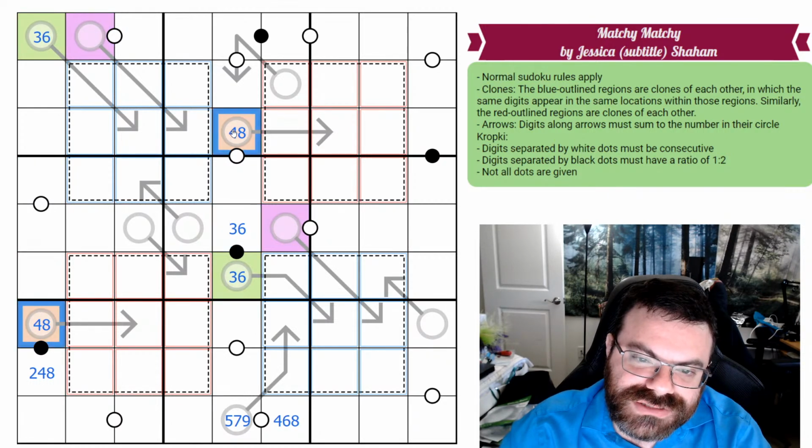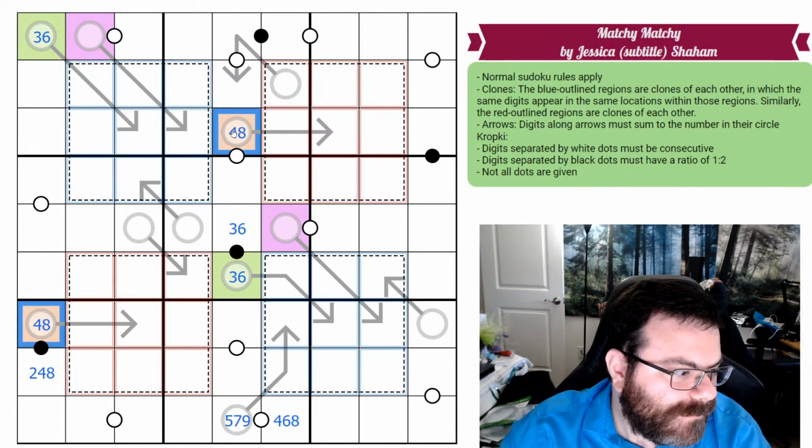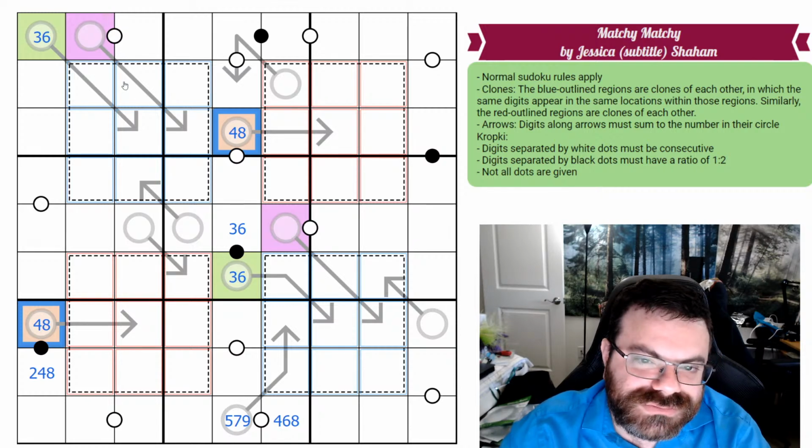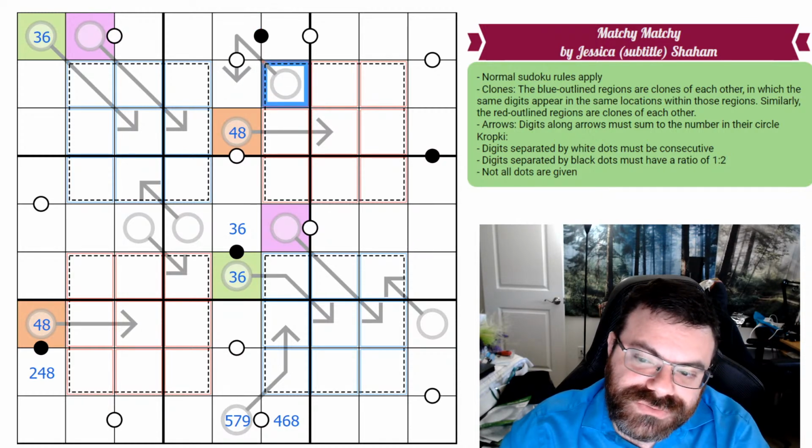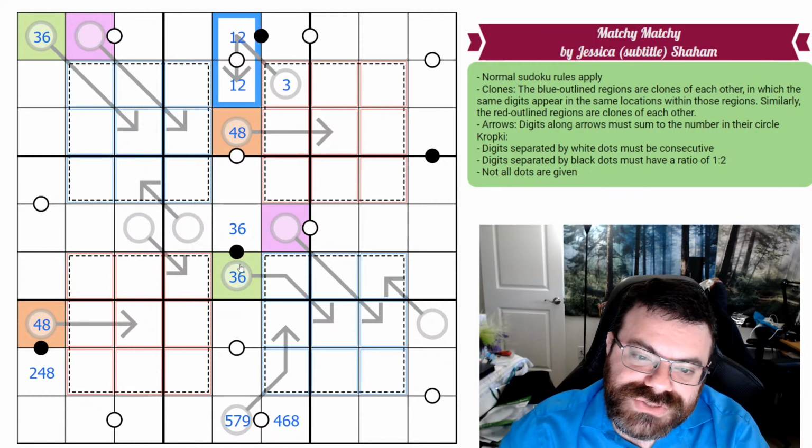It's just tough because I have these clones as well. Okay, so what can this consecutive be? We could be 1, 2, 3. It can't be 2, 3, 3, 4.